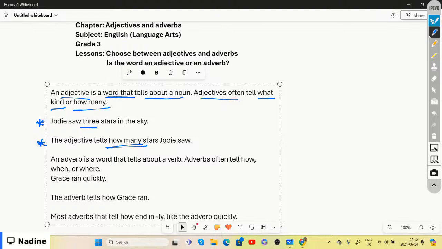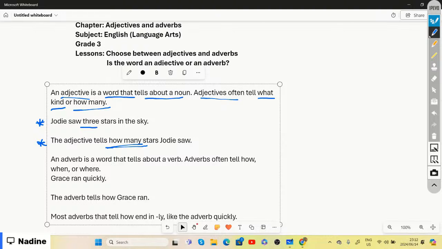It is three stars, right? Like I said, you can even use words like many, lots, several, few. Those are also words that tell us how many. It doesn't necessarily have to be a direct number.